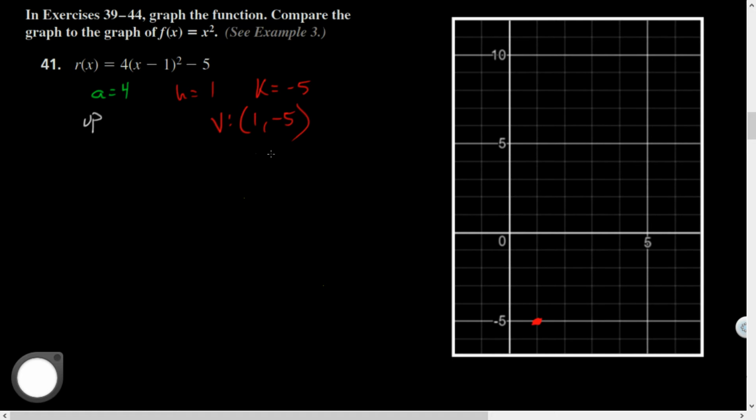Based on where the vertex was, which way it opened, and that it was a stretch, I kind of visualize, okay, so I'm going over 1, down 5, and I'm stretching it and moving it up. I can visualize where I want my window to focus. It's a little bit weird to have to commit to your graph before you even graphed it. So that visualization piece is going to be important. But right now I've been fine giving you your pre-made windows.